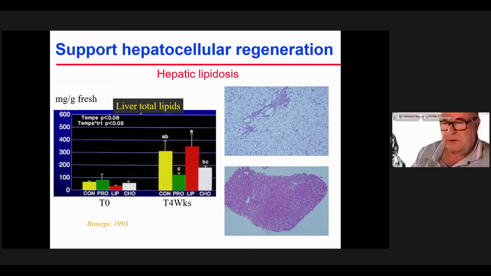You can see that at the beginning of the study, the level of lipid in the liver of those animals were very similar. But after 4 weeks of fasting, the control and the lipid supplemented group had much more fat. This level of fat is what you can see here. You know, the cells of the liver are completely filled with lipid.